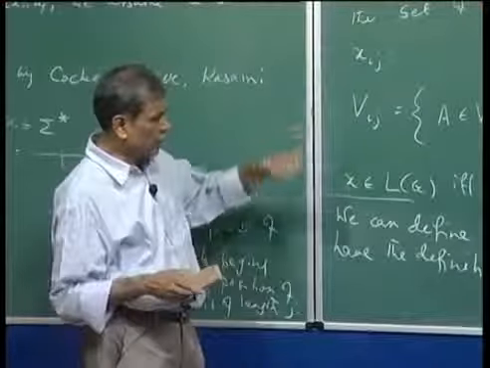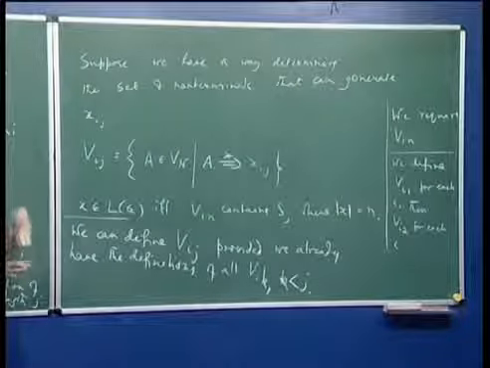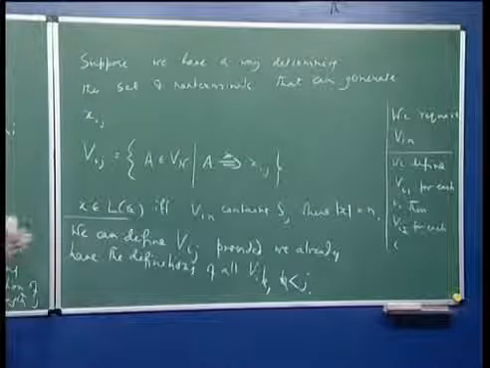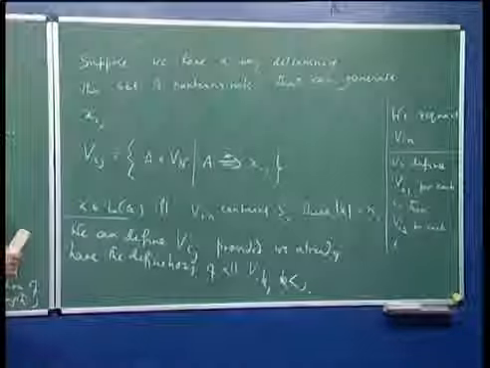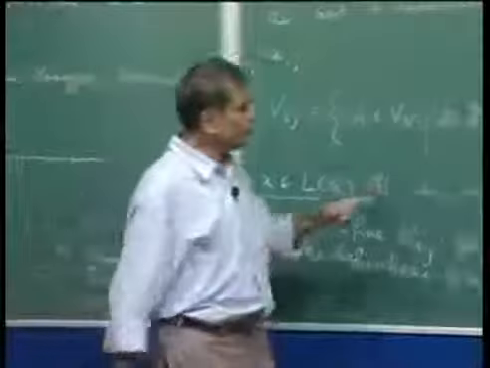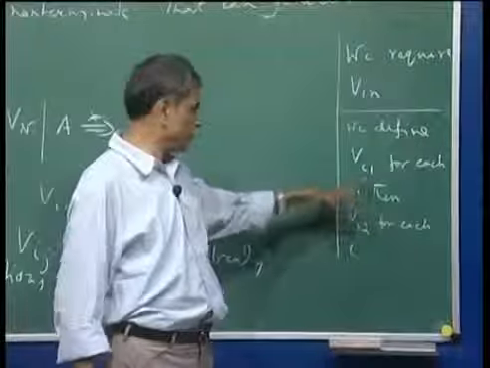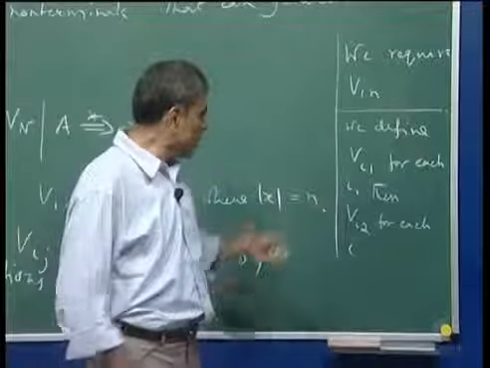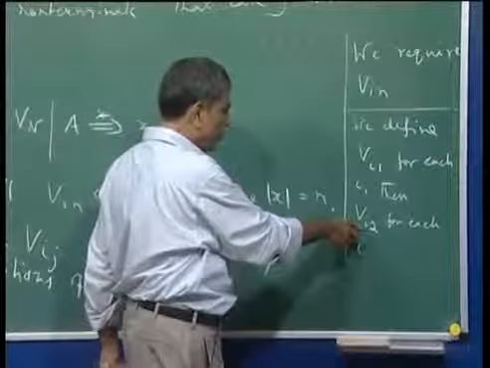We'll get into the details a little later, but already you can see the dynamic programming flavor of what we are trying to do, because these things are very easy to determine. What are Vi1s? We'll see that. From Vi1, I will be able to determine Vi2.